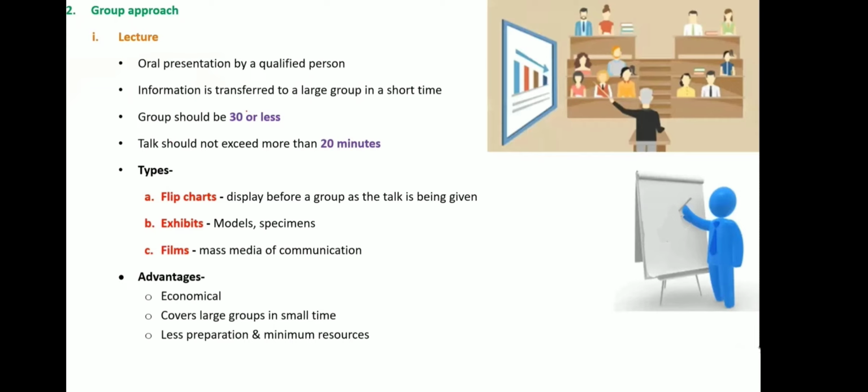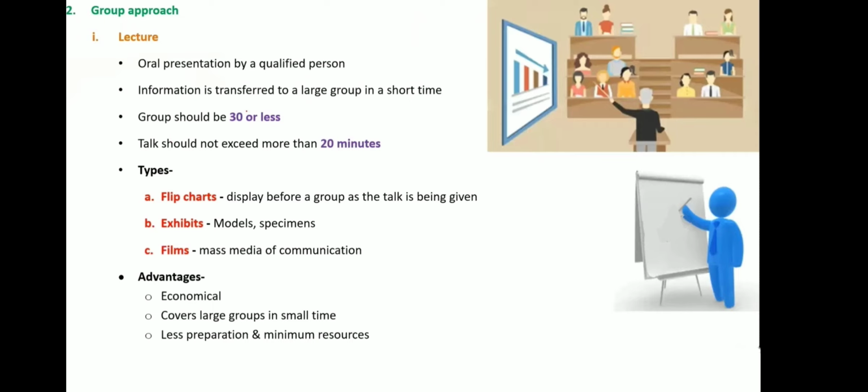Also, guys, the flannel graphs, we know that in flannel graphs there will be a piece of rough flannel or khadi which is woven on the board. It will be woven on a wooden board, and that will act as a background, and later the cutout pictures or the drawings will be used for illustration.